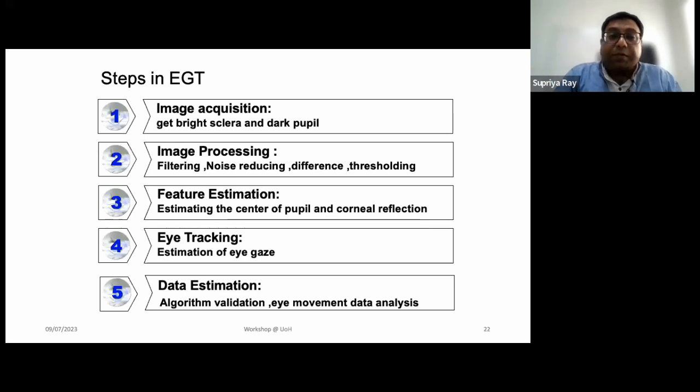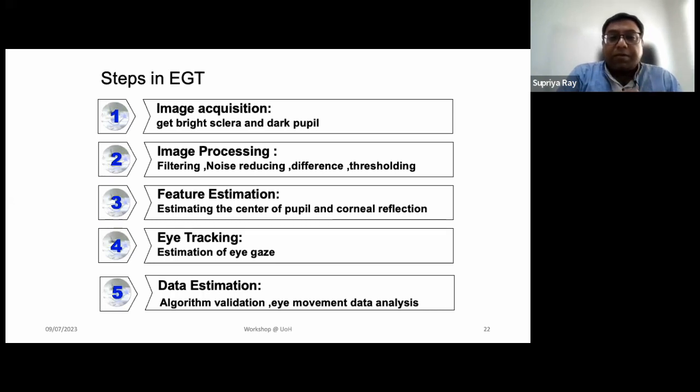So these are the steps for eye gaze tracking. The first step is image acquisition, that is, to get a bright sclera and a dark pupil. Then the image processing software that runs behind, and you were not aware of that, does the filtering, noise reduction, thresholding, etc. Then that software does some kind of feature estimation, based on some characteristics of eye movement already known.